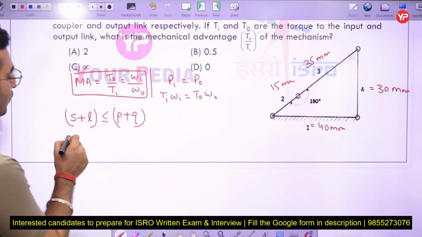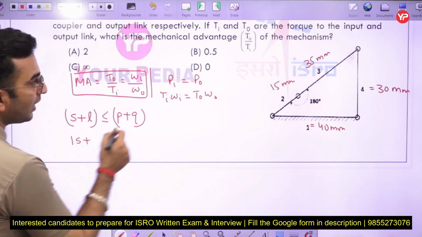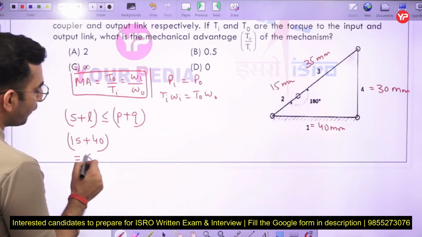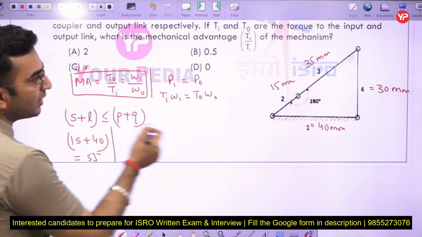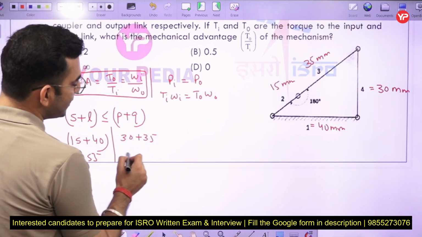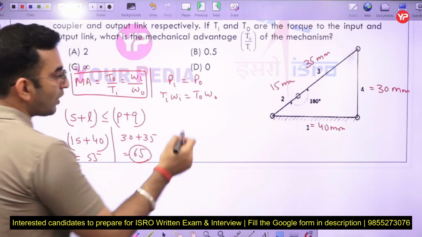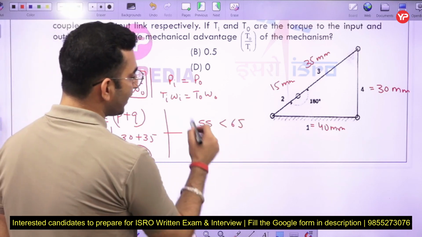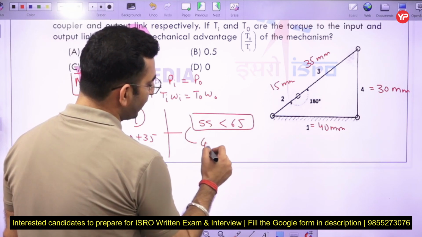In that case you can see S is 15, L is 40, which comes out to be 55, and correspondingly P plus Q is equal to 30 plus 35, that is 65. So you can directly see 55 is less than 65, so I can say the Grashof law is satisfied here.